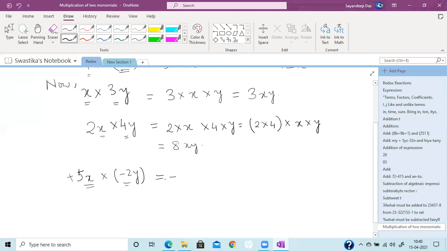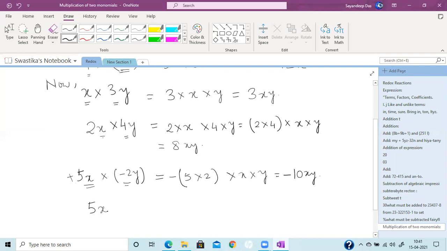So here first the sign is minus, then you take the numbers, that is 5 into 2, then into x, then into y. So this is equal to minus 10 into xy. This is a different kind of multiplication of monomials.